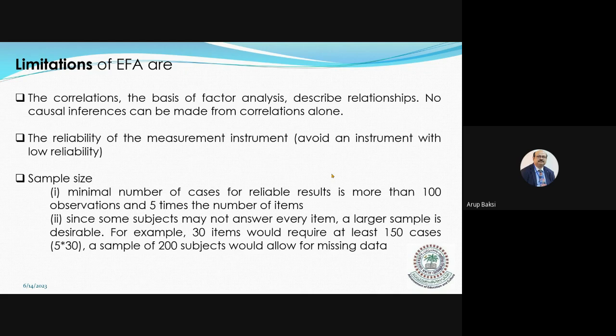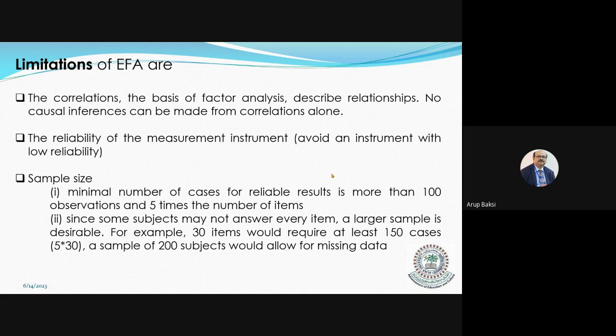So these 3 gentlemen came together to develop a particular scale. The name of the scale is SERVQUAL. When they proposed the scale for the first time in 1985, there were 125 items. So with 125 scale items, the minimum sample size required was 625. In any case, they conducted a survey in multiple locations with a huge sample size.